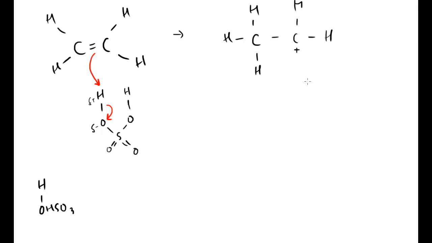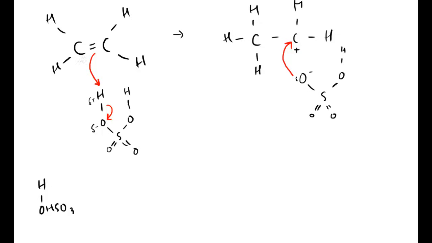Positive region there. This time we have obviously a negative oxygen there, going to our sulfur, oxygen, hydrogen, like that, and finally, this is a lone pair by the way, terribly drawn, but that's a lone pair. We would get that moving across there.